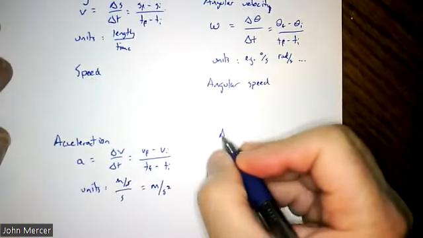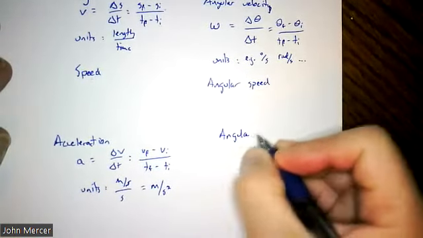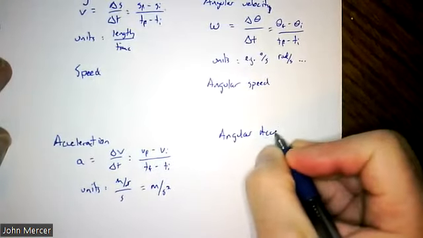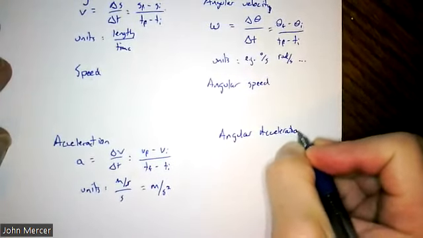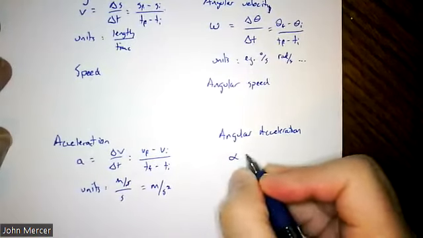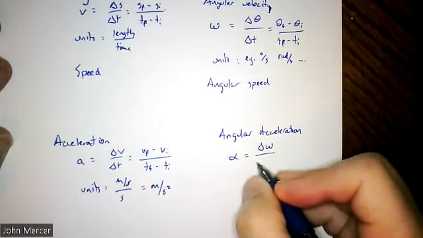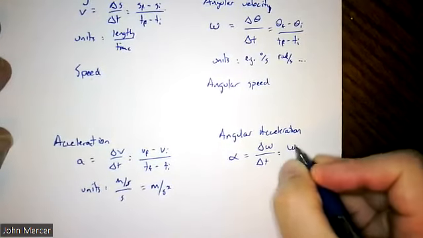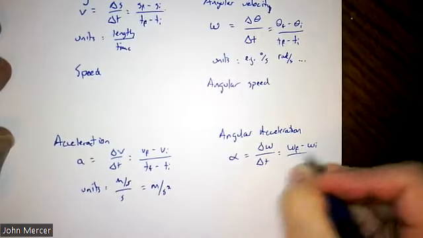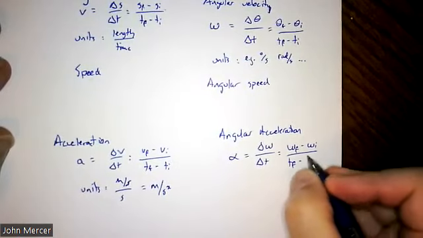And on the angular side of the world, we have angular acceleration. We'll use the equation alpha equals time rate of change of angular velocity, delta omega over delta t, final minus initial angular velocity divided by the change in time.